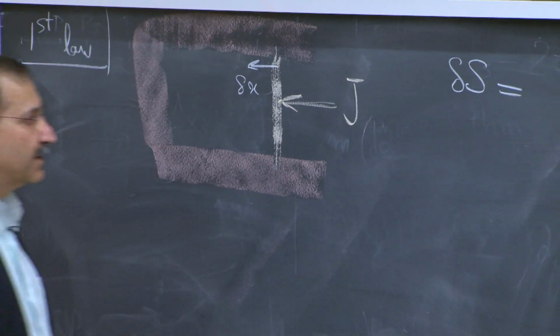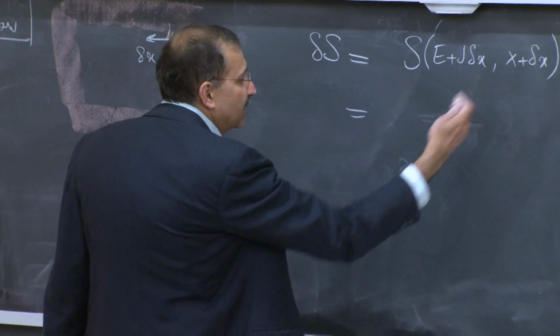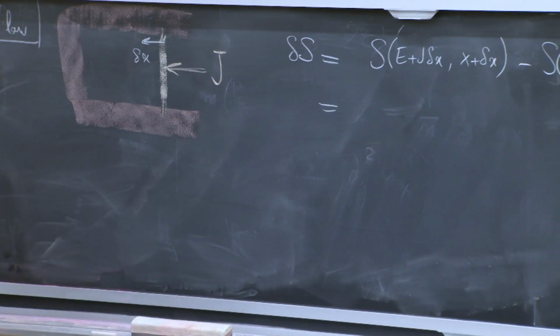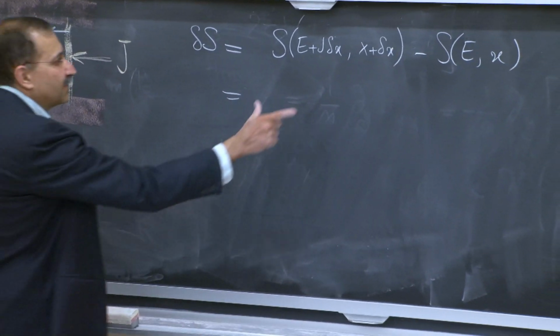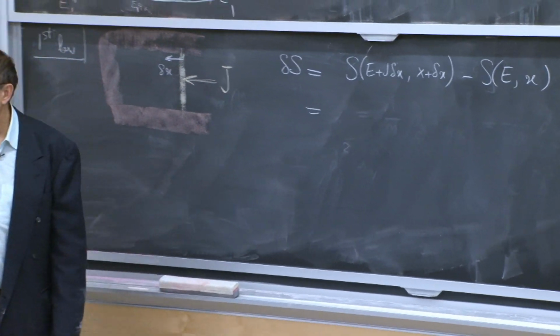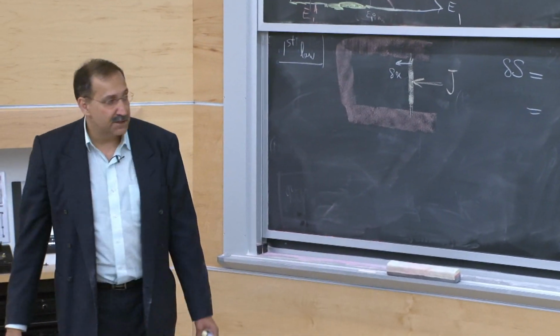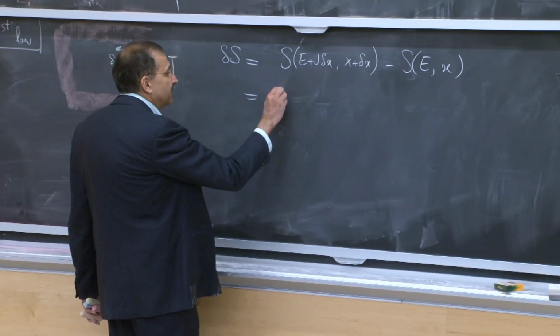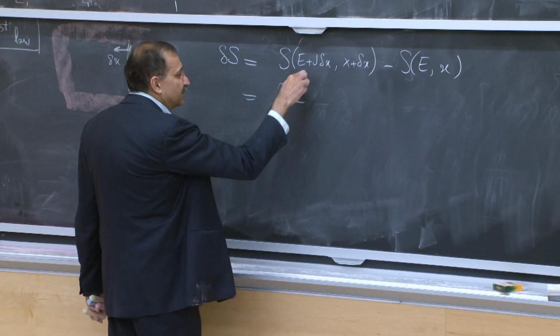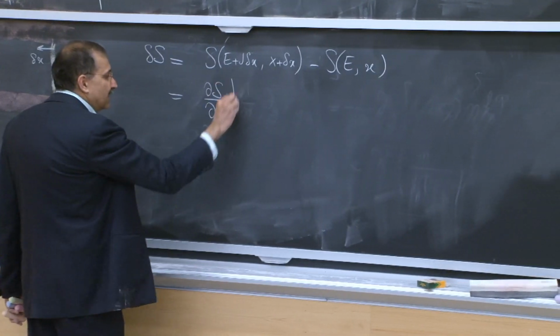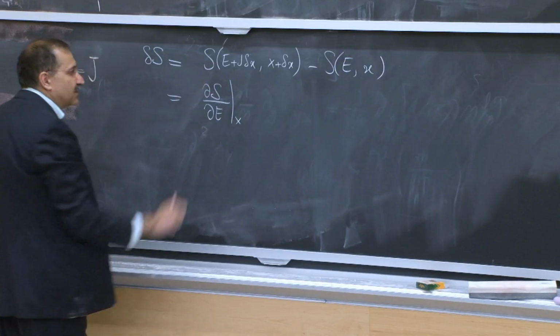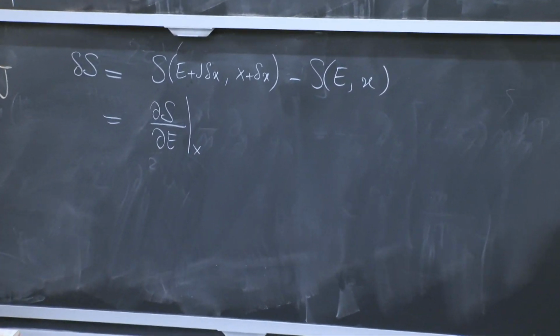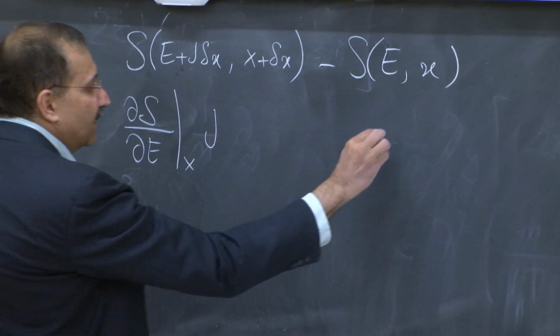Okay? So if all of these quantities are infinitesimal, I have two arguments of S now have changed infinitesimally, and I can make the corresponding expansion in derivatives. There is a dS with respect to dE at constant x. The corresponding change in E is J delta x.